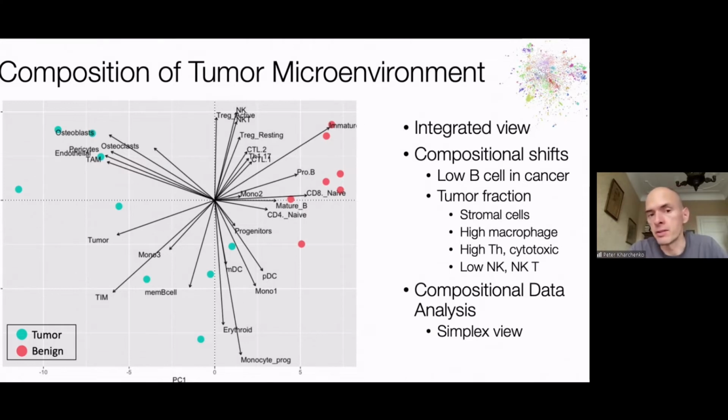A space that defines essentially the composition of the tissue. And what we're showing here with different colors are the tumor and benign samples, and you can see that they separate, and the arrows show the loadings on the first two principal components. And here, for instance, these B cells separate benign samples, and obviously tumor cells and other things separate the tumor samples. So in that space, we could do better statistics.